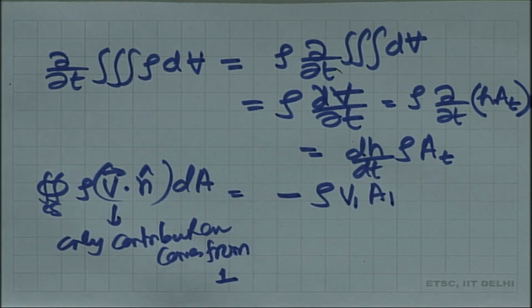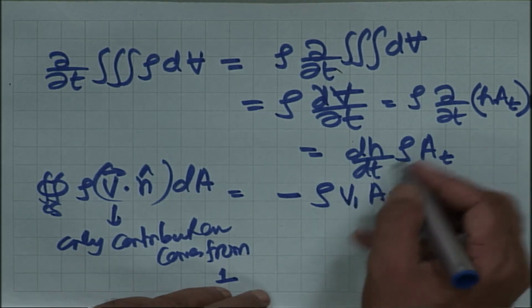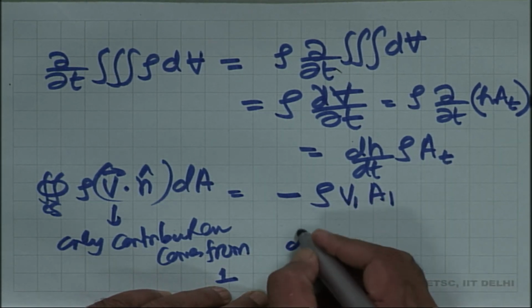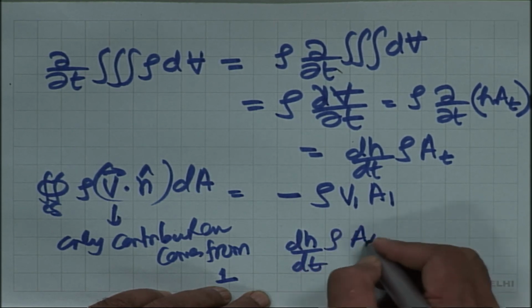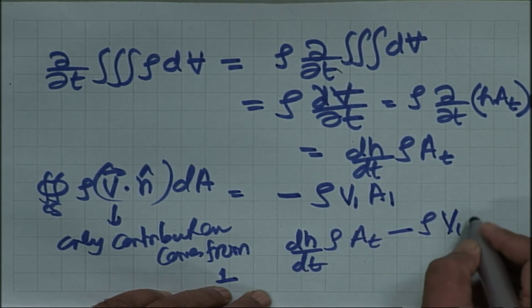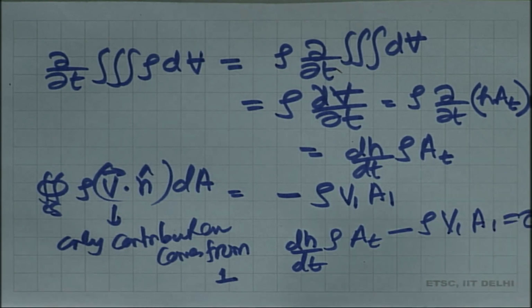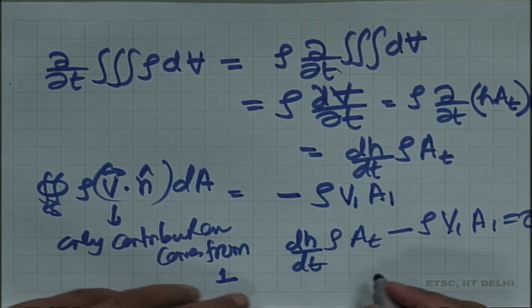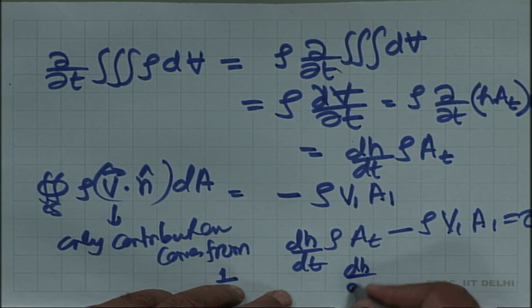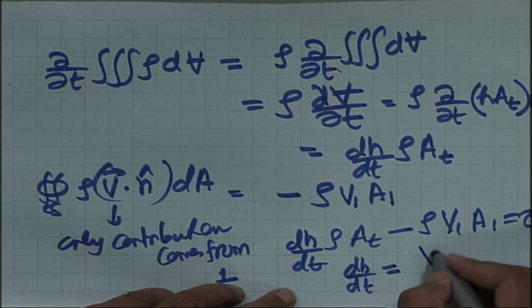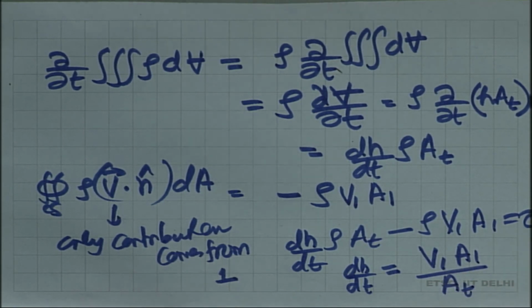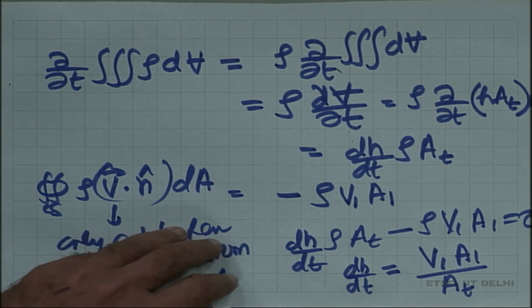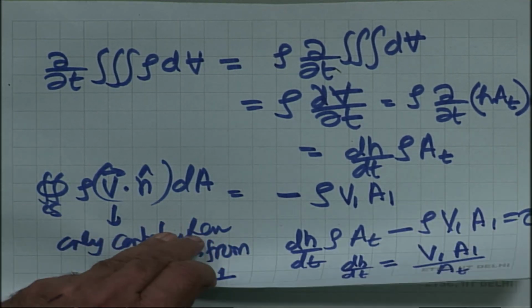And so, when I add these two, I get dH by dt rho A tank minus rho V 1 A 1 is equal to 0, and from here we can get dH by dt equal to V 1 A 1 by the area of the tank, which is something you may have intuitively guessed.